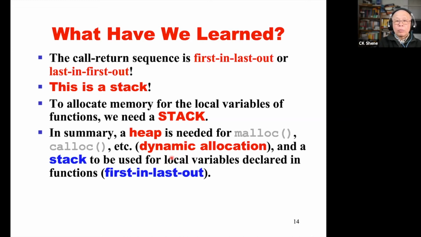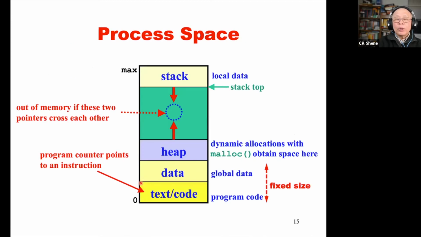So we need a heap for dynamic allocation, and we need a stack for local variables, which follow first in, last out order. So we have learned four important things about when your program executes.